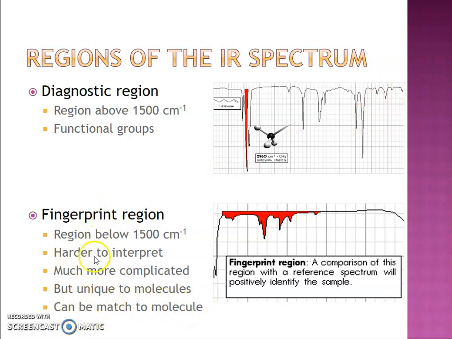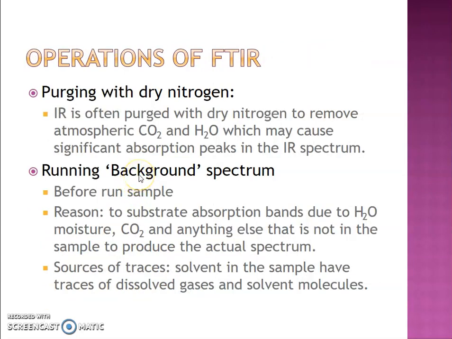For example, if we have isomers, the fingerprint region is quite important. But the diagnostic region is important to deduce the functional group, while the fingerprint region is for special cases. Okay, so this is the operation of the IR instrument.